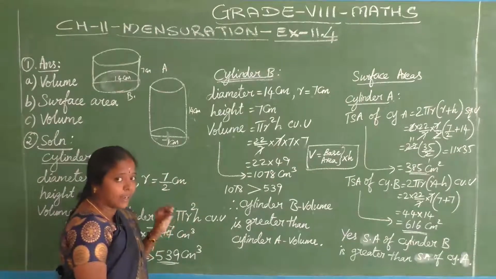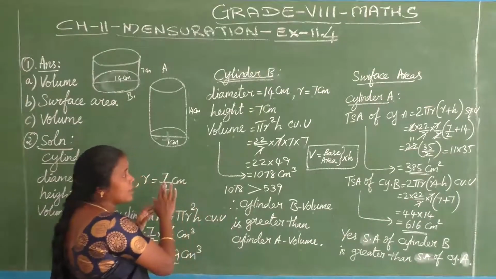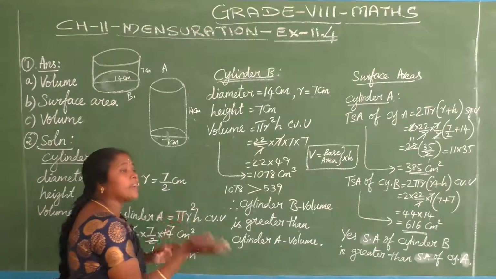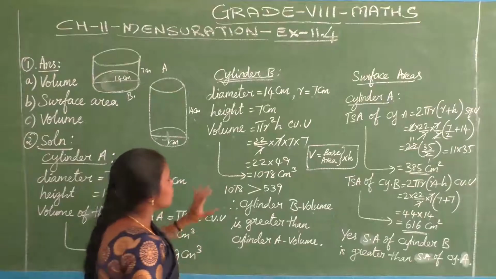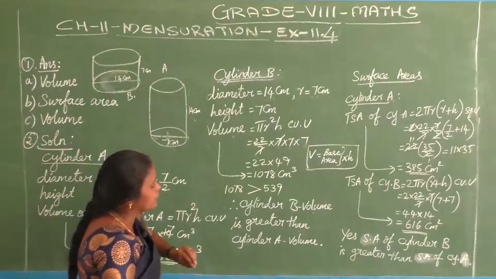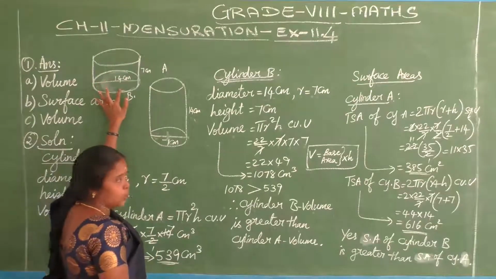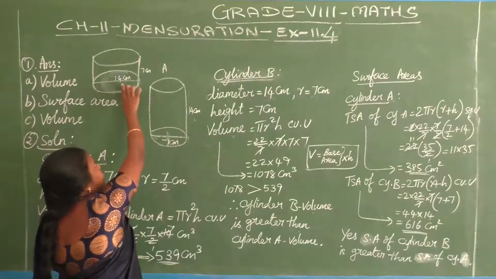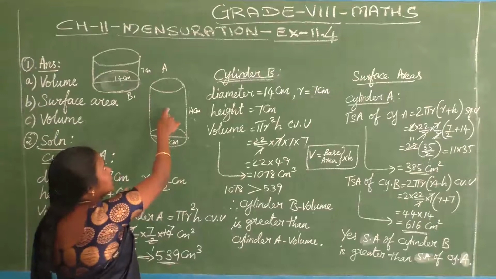Check again whether the cylinder which has greater volume has greater surface area or not. Understood? So here which cylinder has greater volume? B cylinder only has greater volume. That means we have to check whether cylinder B has greater surface area or not compared to cylinder A.